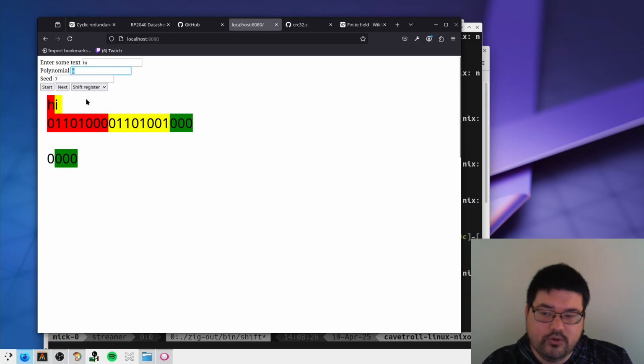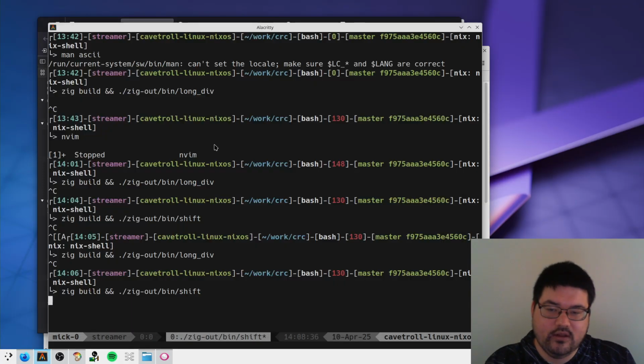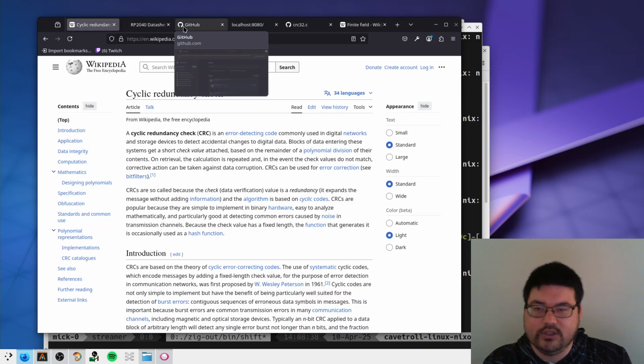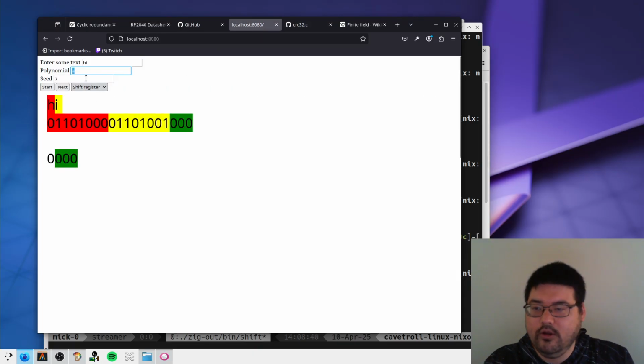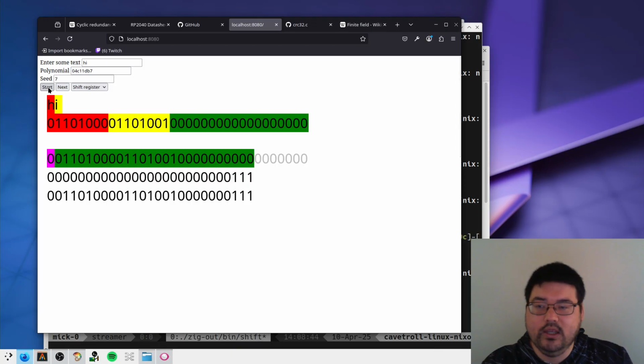We might want to increase the size of the polynomial. A CRC32 wants 32 bits of CRC data, which means that they use a polynomial that looks like this. If we take this polynomial that they put in here, this is not quite right, they're kind of cheating.